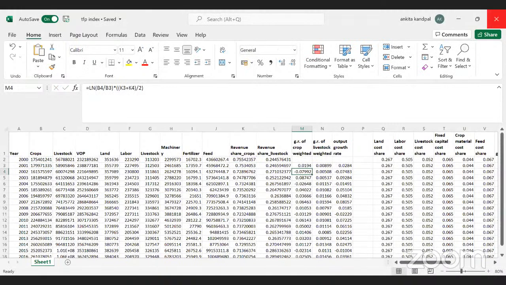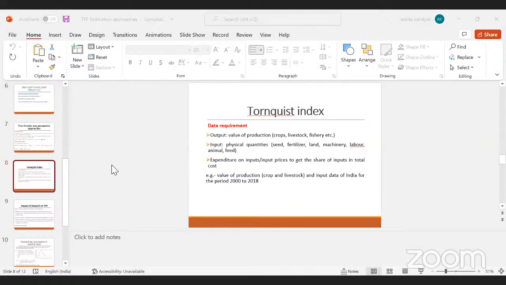The other calculations will be the same. So this is about the approaches.